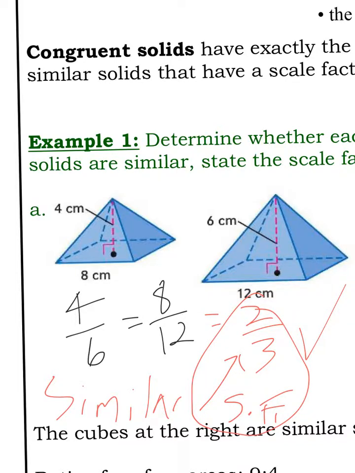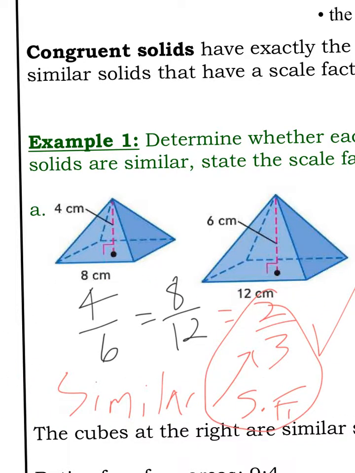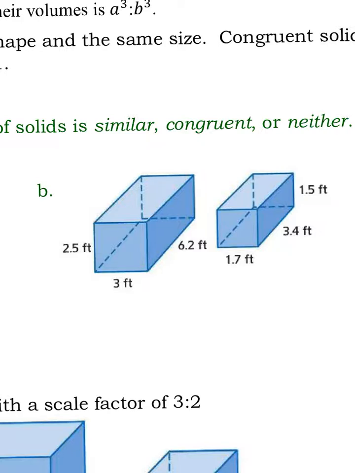This next one, we have several different sides. They all need to have the same ratio. So I'm going to go 2.5, and then I'm going to look at this 1.5 because they're both side lengths. Does that equal, now I'll go 3 over 1.7 because they're both on the bottom.